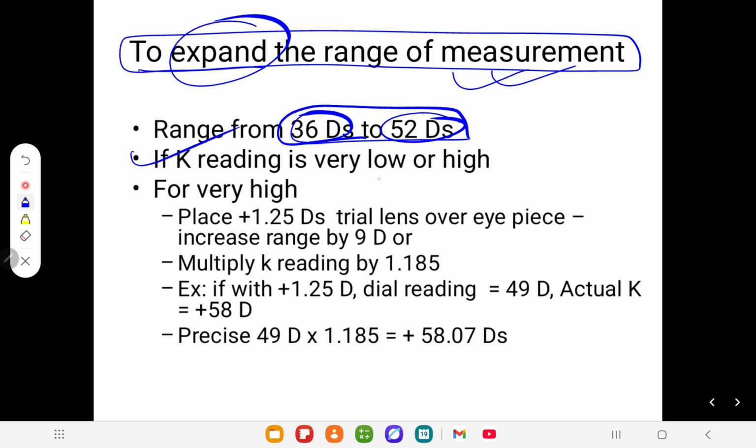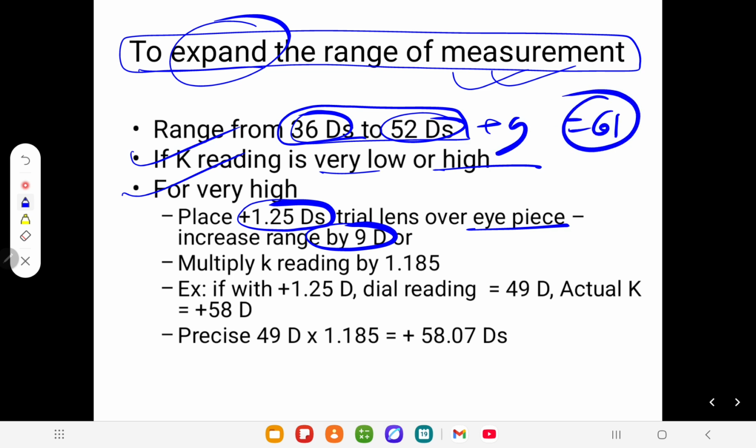So if the K reading is very low or very high, for high we place a plus 1.25 diopter trial lens over the eyepiece. If we put a plus 1.25 trial lens over the eyepiece, then it increases our range by 9 diopters, meaning 52 plus 9, which is 61 diopters. Up to 61 diopters we can measure.